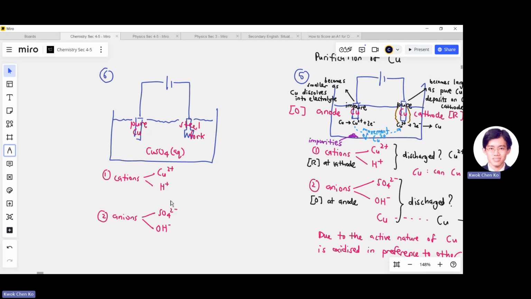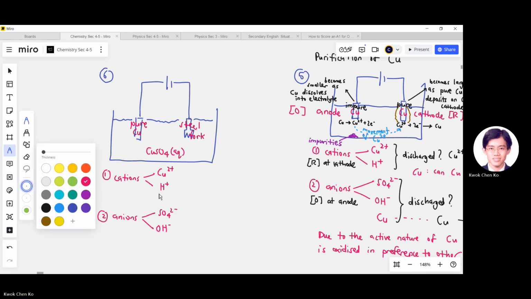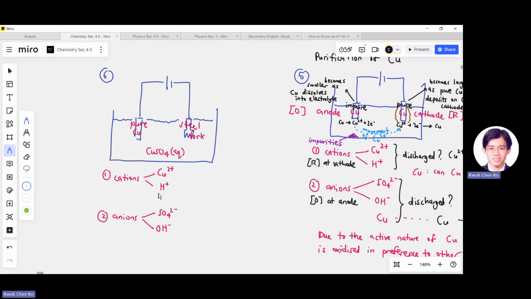Focus on the reactions and the observations. Now, the special condition is this.